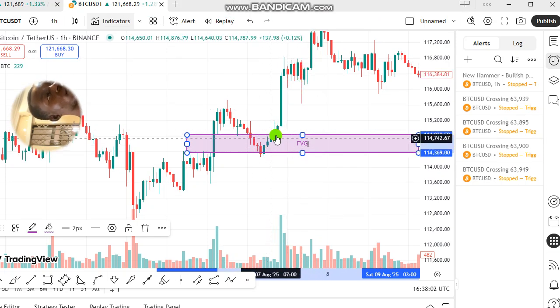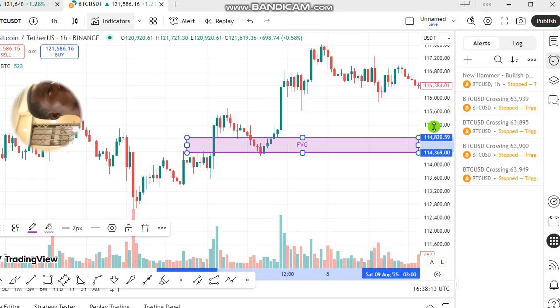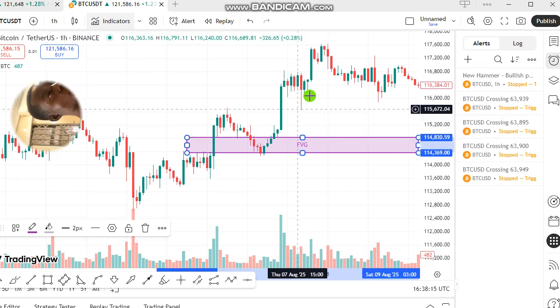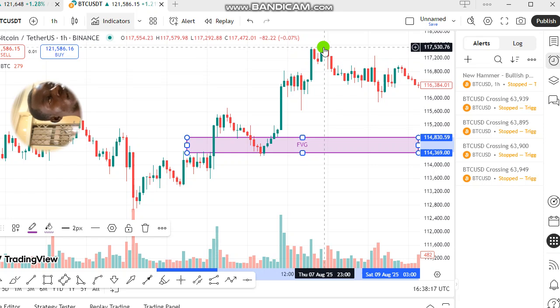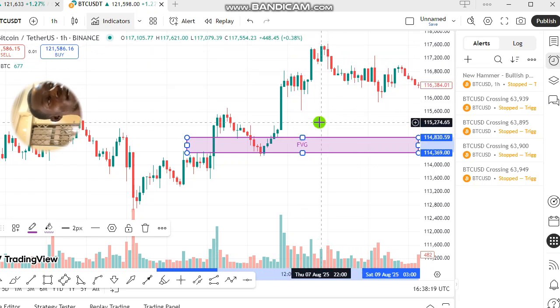And you can see beautifully that when the market pushed all the way into the fair value gap, the market began to push to the upside. And see what happened. The market pushed all the way to the upside. So that is how we trade with a fair value gap.